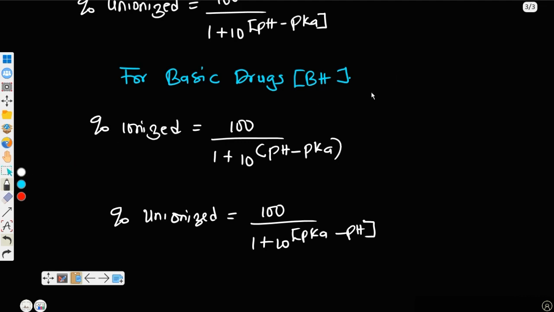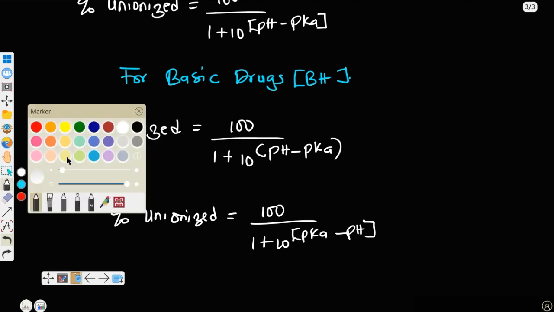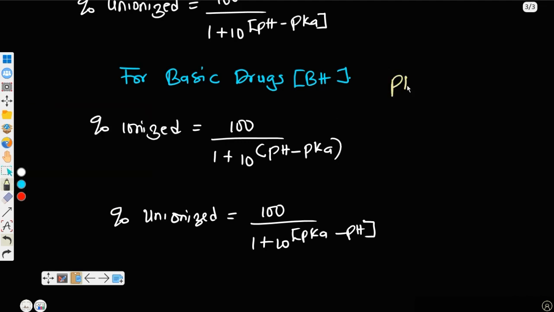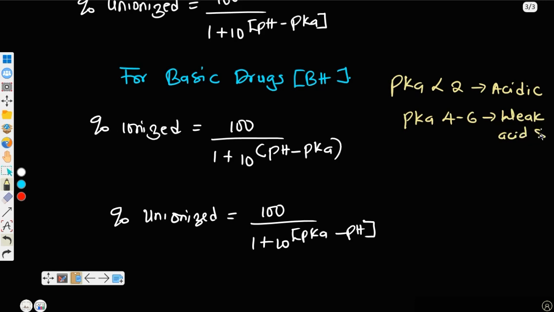Now listen. All drugs that have pKa less than 2 are acidic. All drugs that have pKa between 4 to 6 are weak acids and very weak bases.